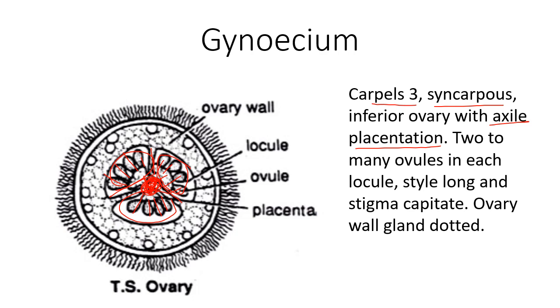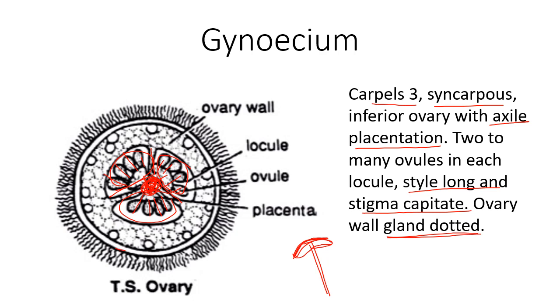Then style is long and stigma is capitate. Why is stigma capitate? This stigma has cap-like structure. Such type of stigma is actually called as capitate. Ovary wall is gland dotted.